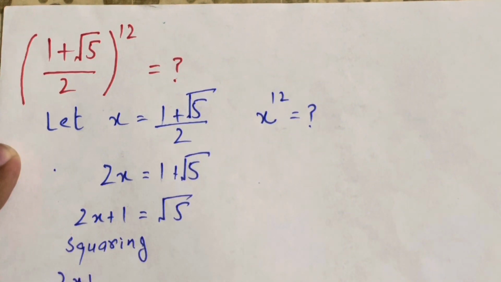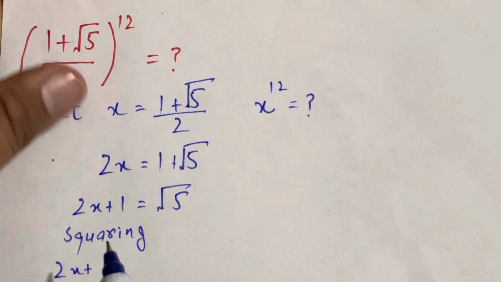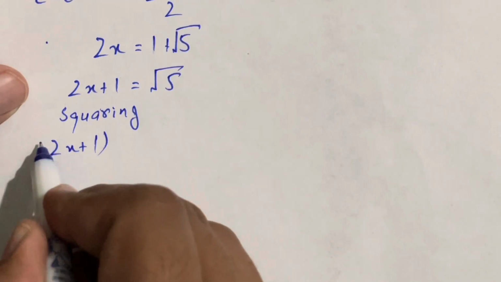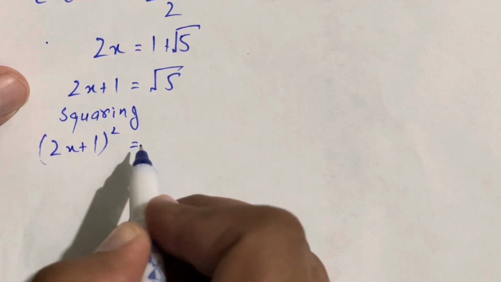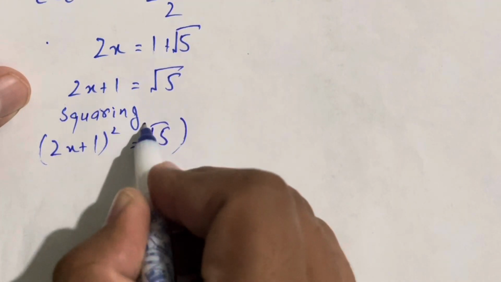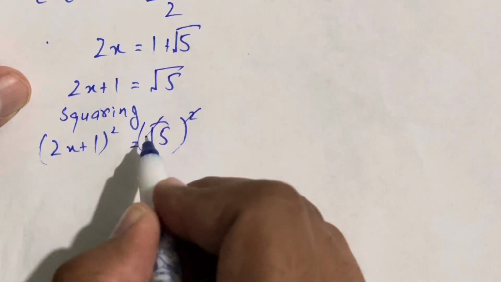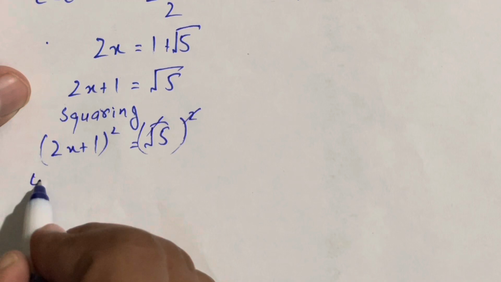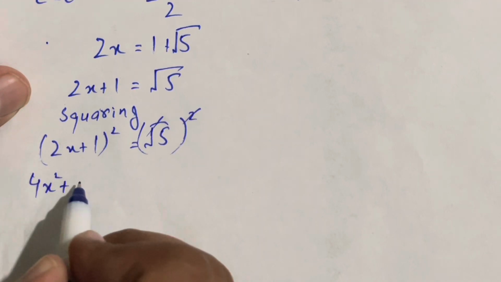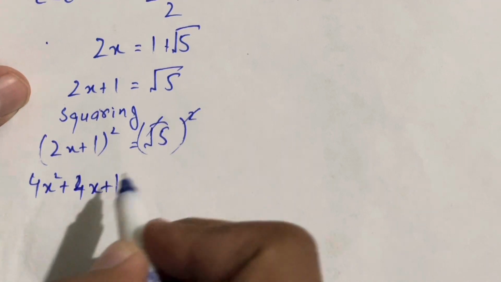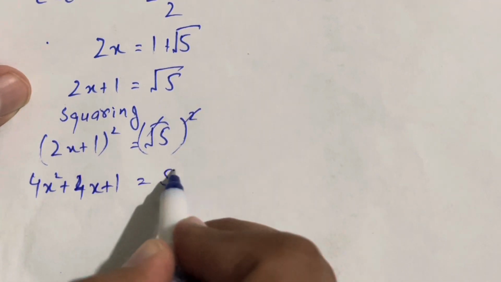(2x minus 1) square equals square root of 5 square, and here the square cancels the square root, and this becomes 4x square minus 4x plus 1 equal to 5.